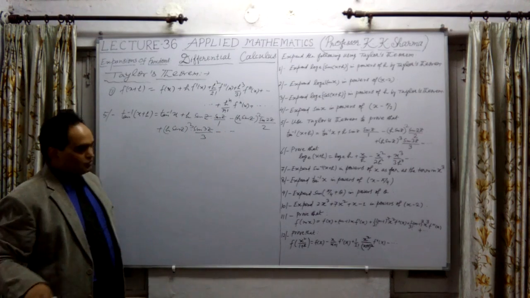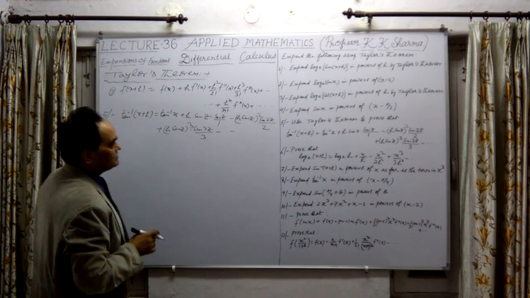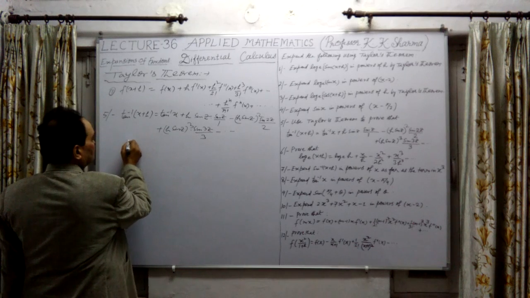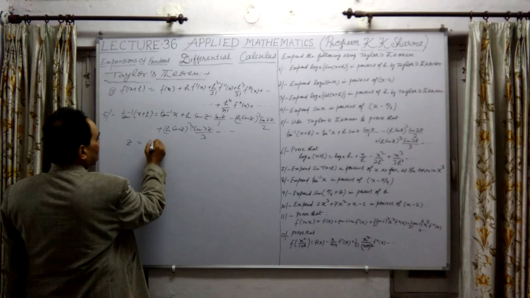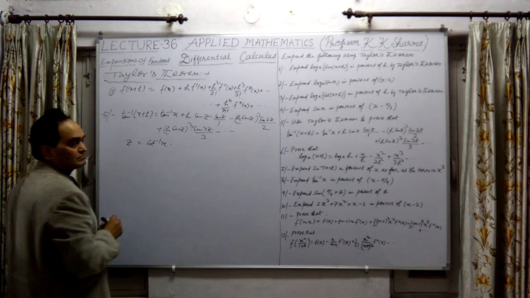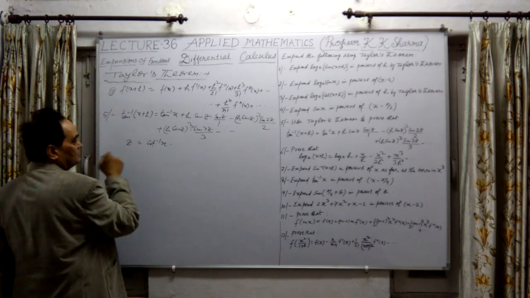Now what is given to us is z equal to... what is z is not given here, but z here is cot inverse x. The value of cot inverse x is this.